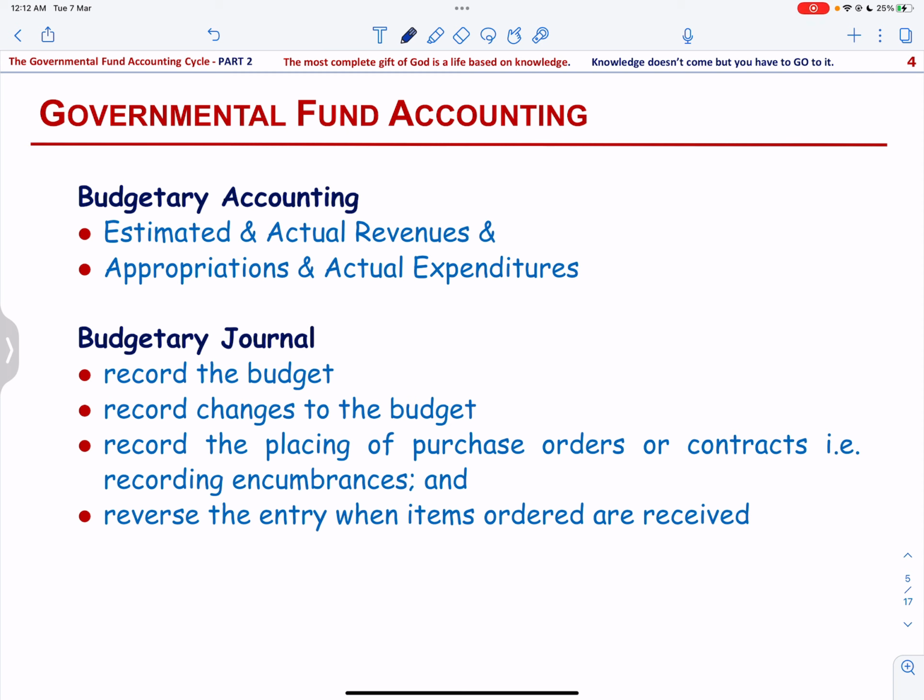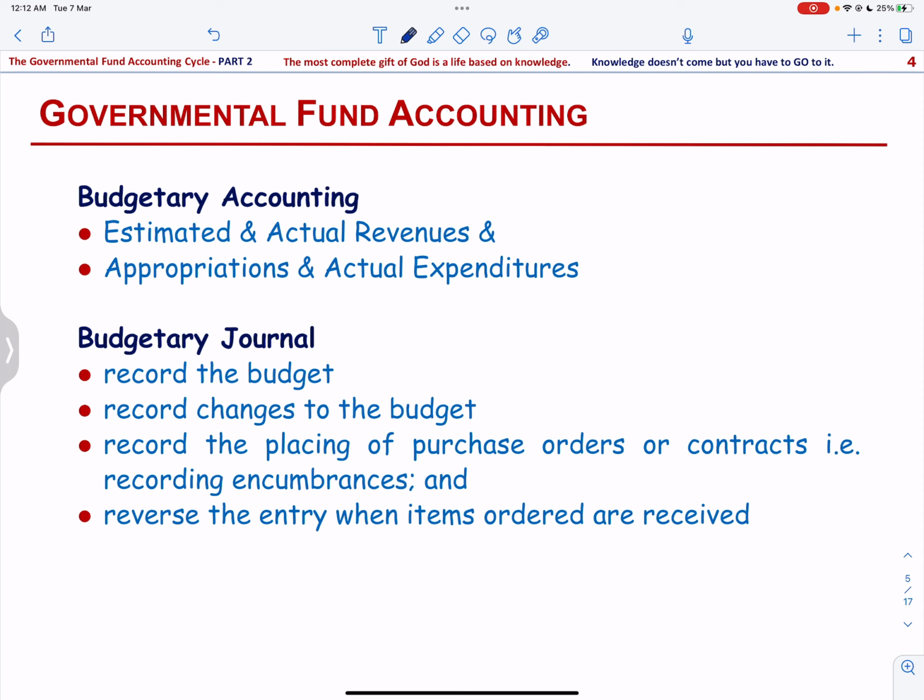For example, the estimated revenues help to determine the amount of resources that will be available for spending during the fiscal year. And if the actual revenue collection is lagging behind, then necessary corrective actions can be taken, like expenditures are reassessed so that the expenditures are in line with the projected funds.